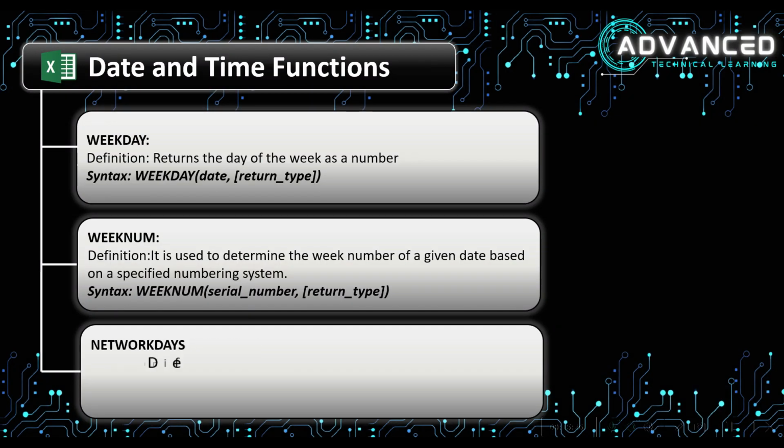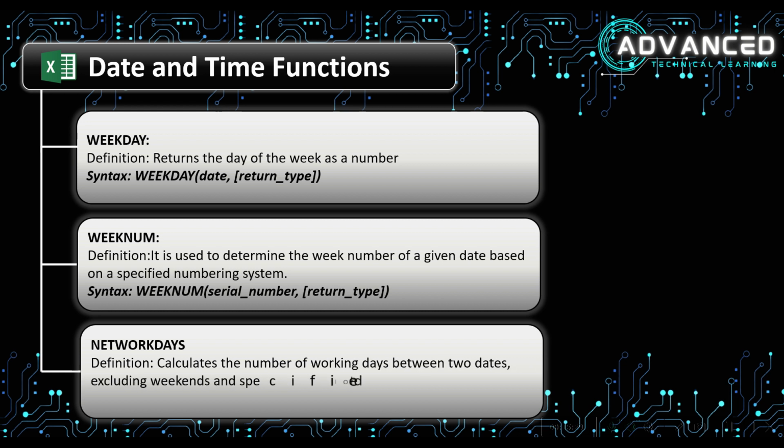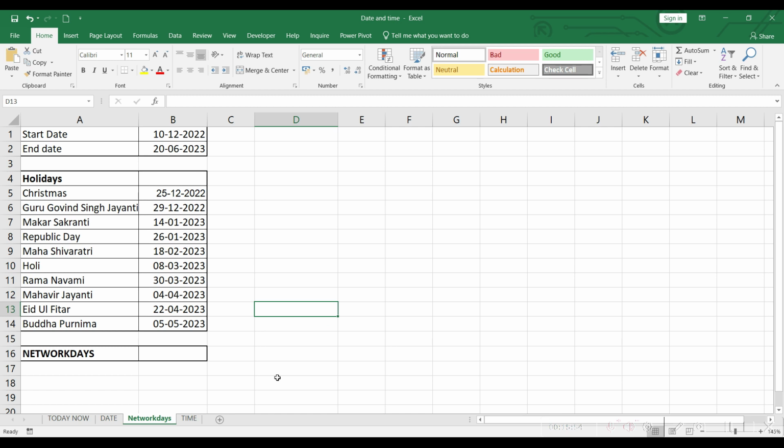NETWORKDAYS will calculate the number of working days between two dates, excluding weekends and specified holidays. Here is the syntax for NETWORKDAYS. So let's apply the NETWORKDAYS function in the Microsoft Excel workbook. I have written some dates, a starting date, an ending date and some holidays.